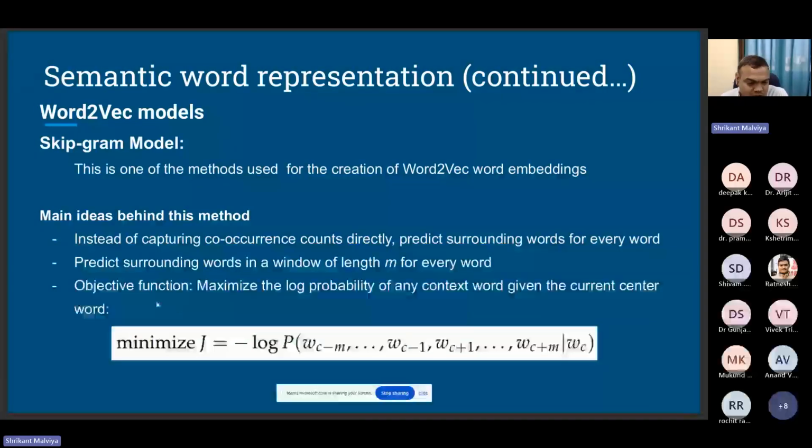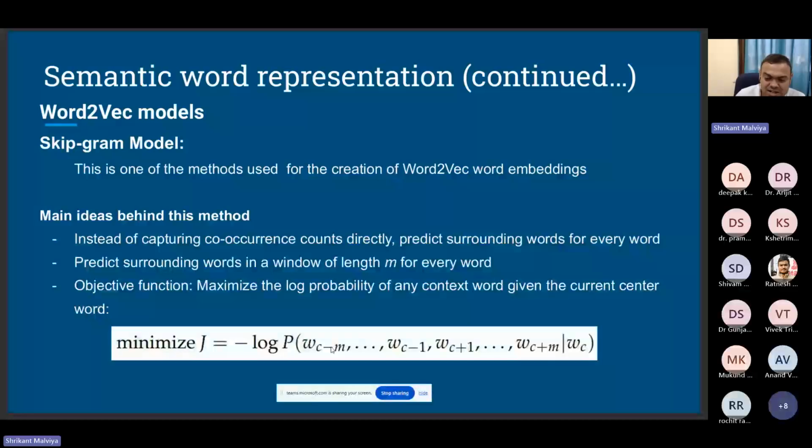The objective function here is to maximize the log probability of the context words. Suppose in a window of size m, you take the center word out and try to predict each and every surrounding word, take the log probability, sum them, and then use that error for adjusting the weights.